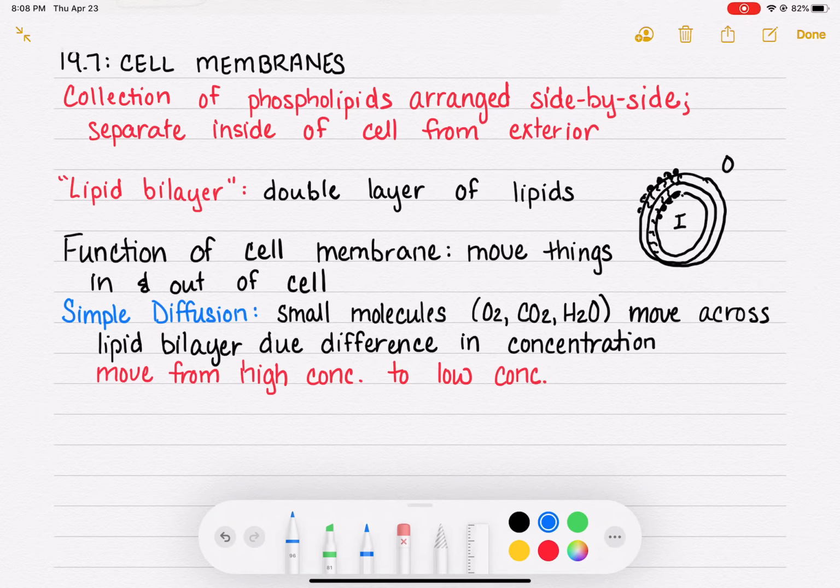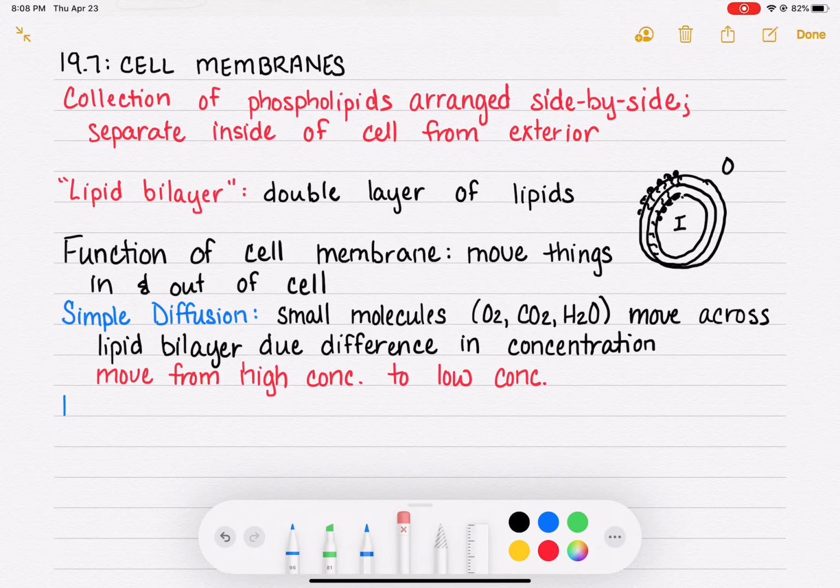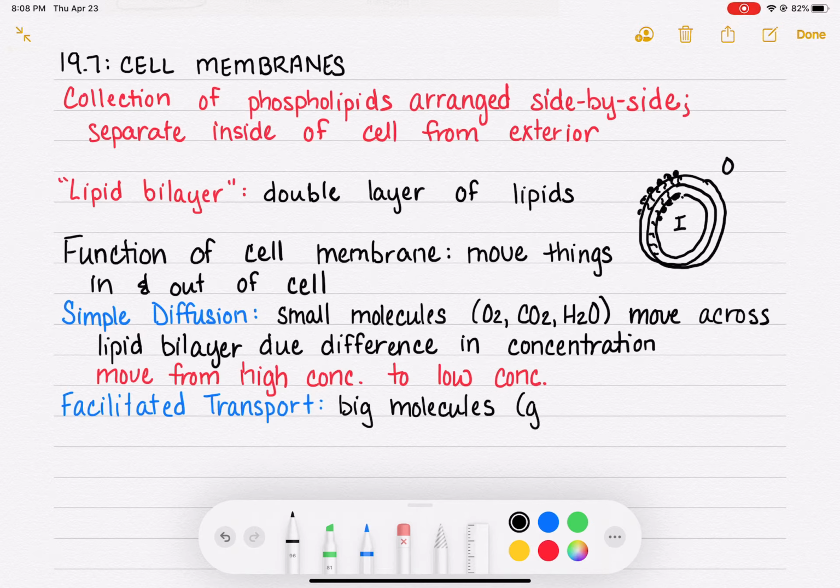Another way that we can move objects across a cell membrane is called facilitated transport. In facilitated transport, we are moving big molecules, specifically glucose, and we're also moving ions, typically chloride ion and HCO3 minus.